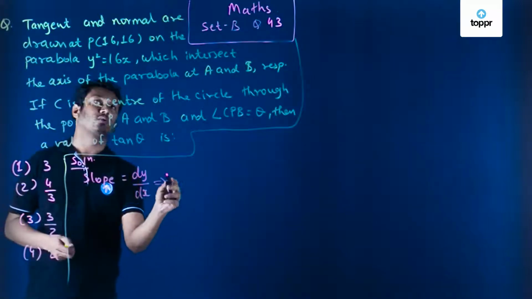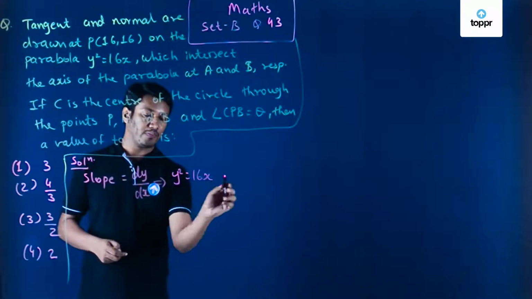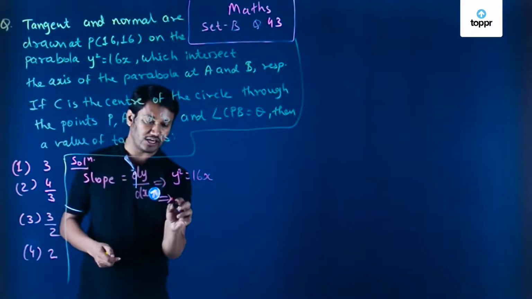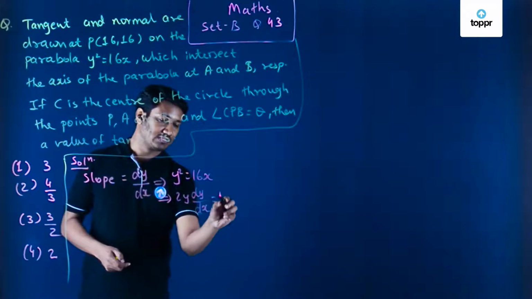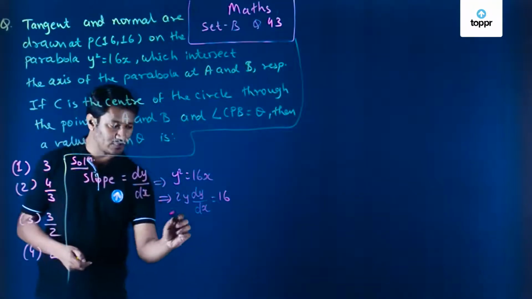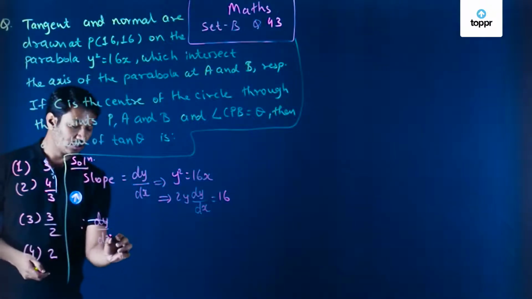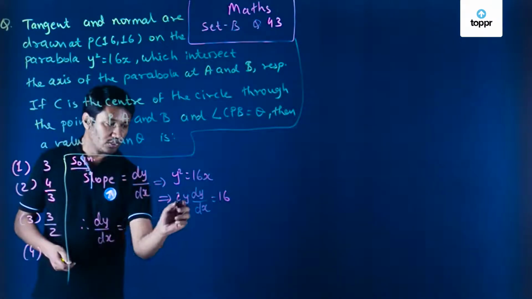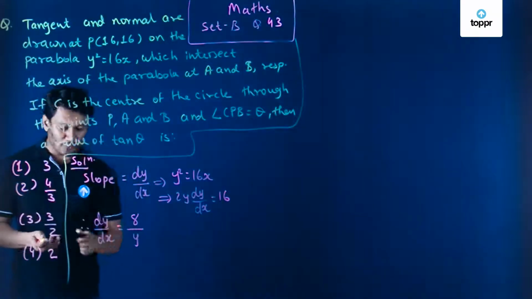The given curve is y² = 16x, and therefore if I just differentiate this, I get 2y dy/dx = 16, and this further gives me dy/dx = 8/y. So what will be the slope of tangent?